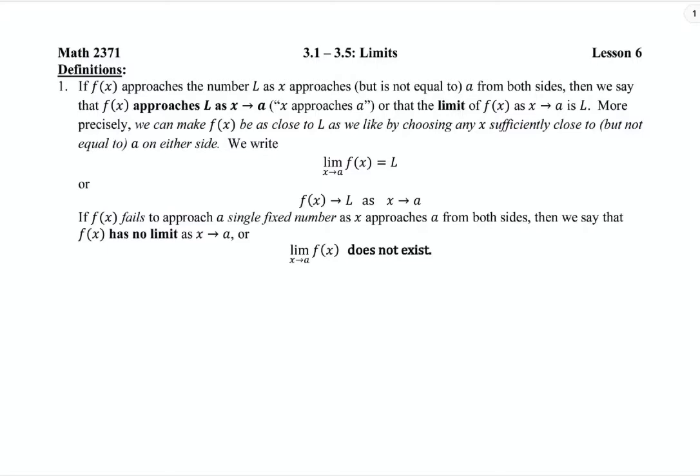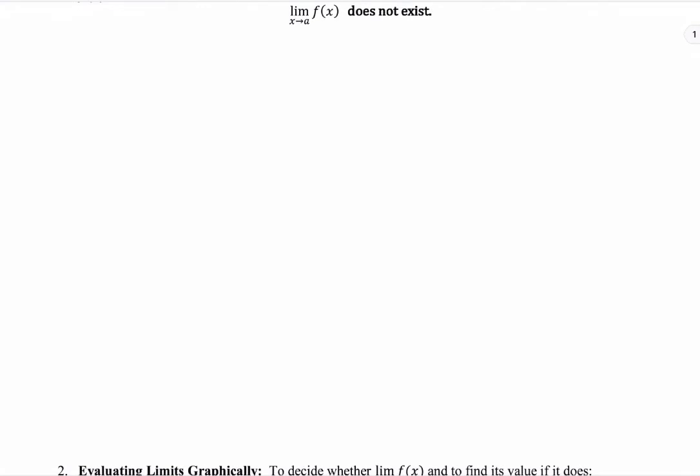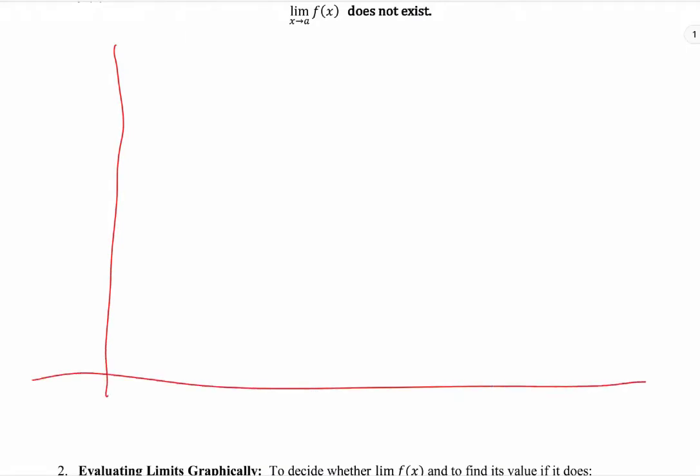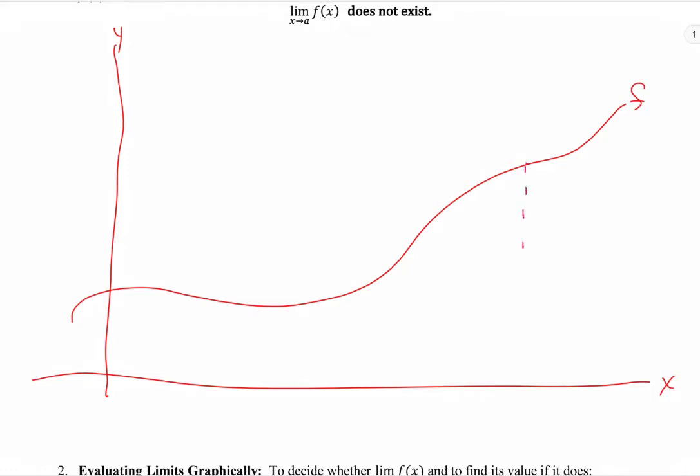So this means that, if I look at it, I'm going to just do it graphically, and then I'm going to go back to the definition. Okay, so if I have x and y, and I have some function, and this is just some curve f, and if I look at a, some value of x, and I'm assuming now that f is continuous, just because it makes a little bit more sense to start at it.